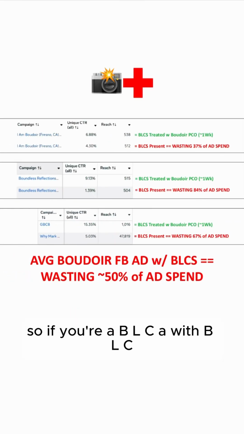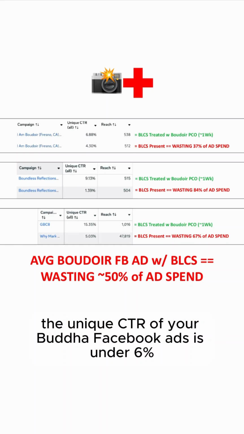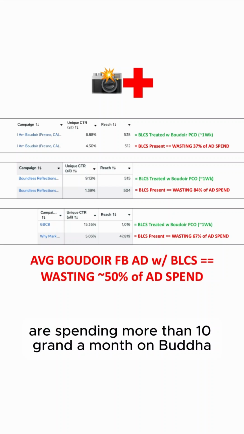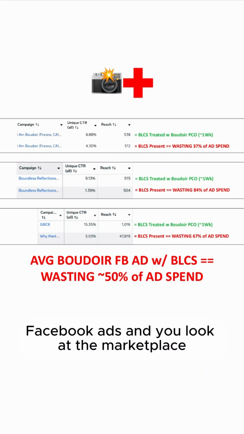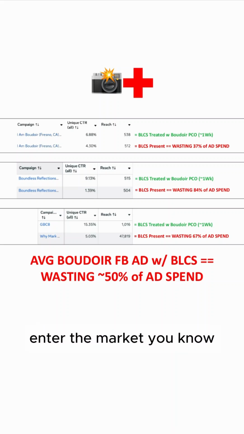So if you're a BLCA with BLCS, a Boudoir low click advertiser with Boudoir low click syndrome, the unique CTRL of your Boudoir Facebook ad is under 6%, and you are spending more than 10 grand a month on Boudoir Facebook ads, and you're looking into the marketplace, seeing more and more Boudoir photographers enter the market, seemingly every day.